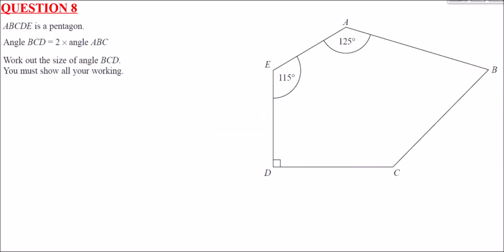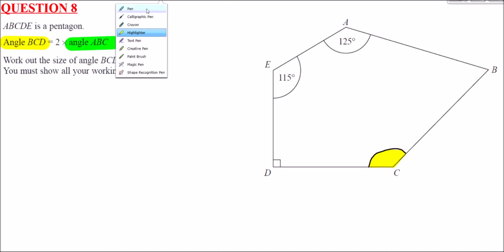Okay, so let's label on this information. So angle BCD is the angle at C, this one down here. We're told that that's double whatever the angle ABC is. So angle ABC is this one here.